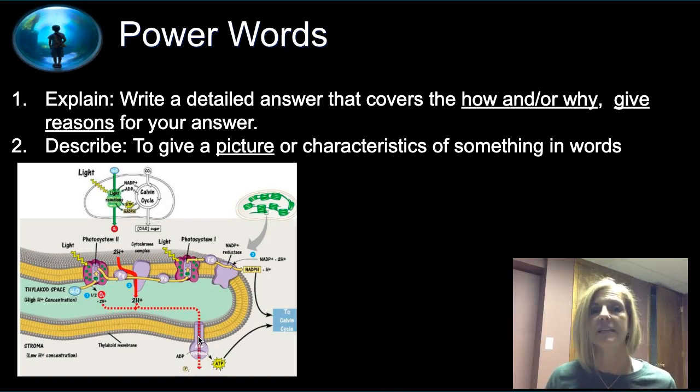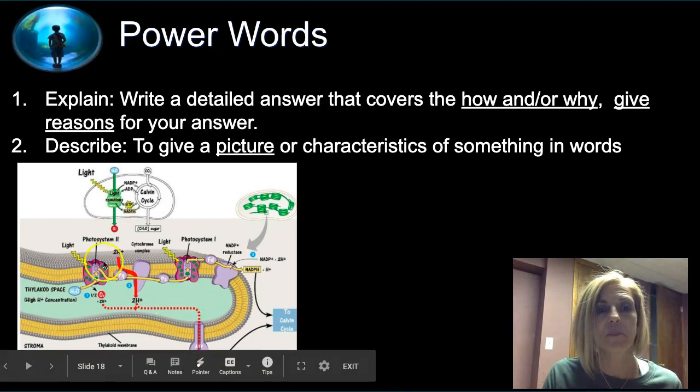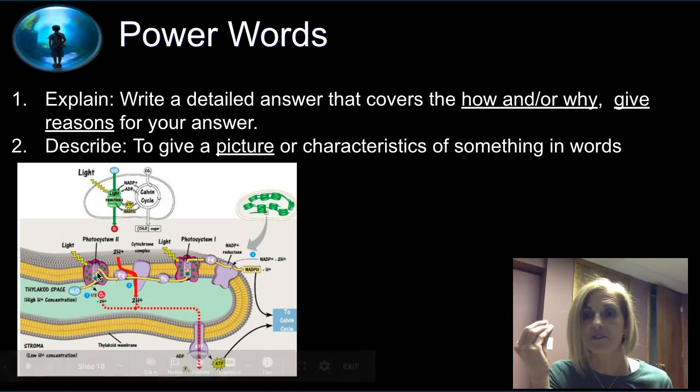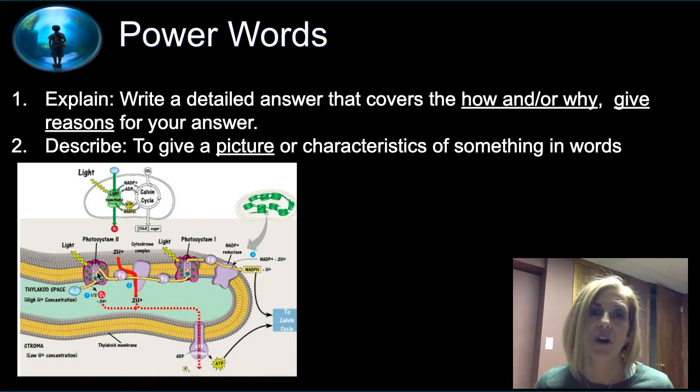Describing it is to make a mental picture of this so that somebody else can see what you're talking about in their mind. So again, when I'm done talking, just take this picture here and take a minute to explain it to somebody in your house. They're bored, they want to hear about it too.